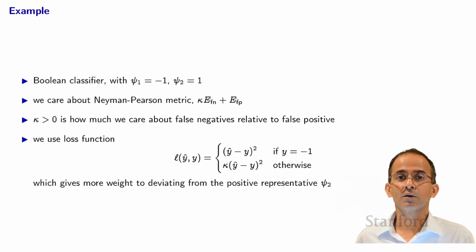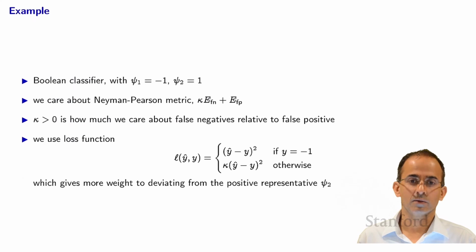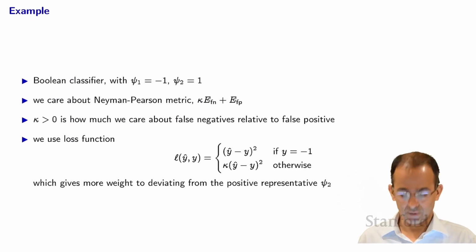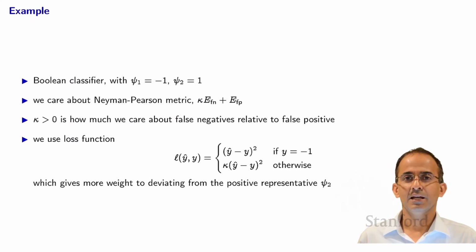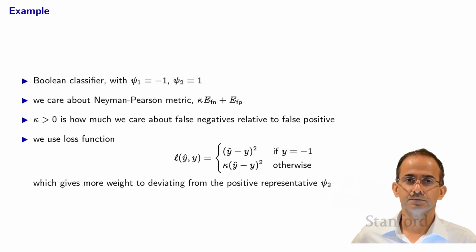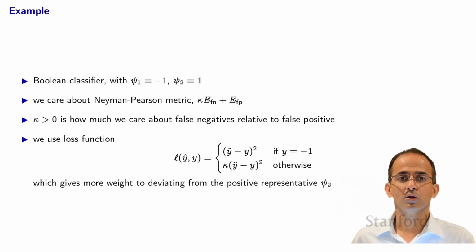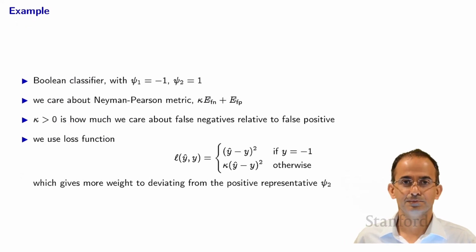Notice here that we've only got one scalar kappa, whereas on the previous slide we had the number of scalar kappas equal to the number of categories, and so we really should have kappa 1 times EFN plus kappa 2 times EFP. And here, of course, kappa is simply kappa 1 divided by kappa 2, because I can set one of the kappas to 1, and all that matters is the ratio of the two kappas in terms of affecting which prediction I get.